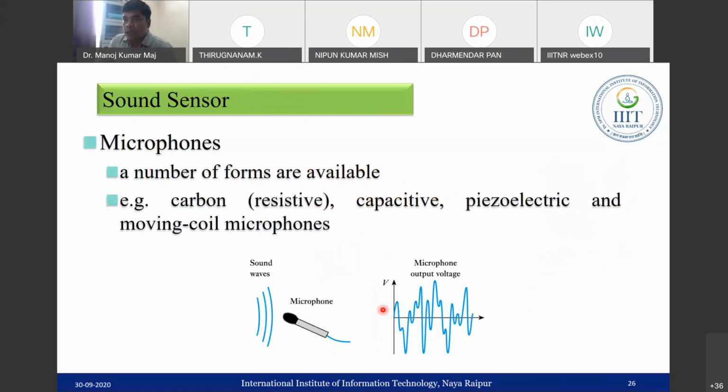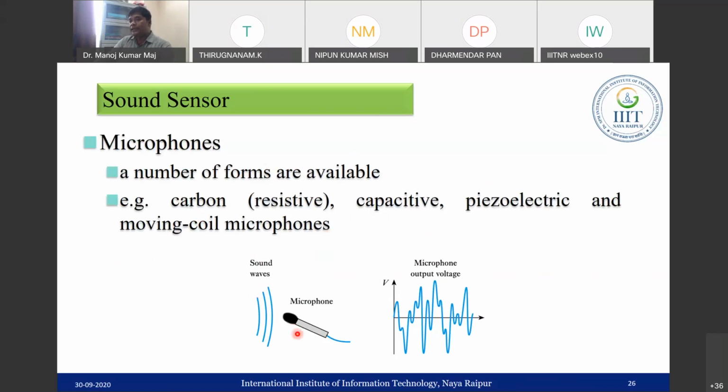Next one is your sound sensor. In the case of the sound sensor, a very well-known example is the microphone. Using the microphone, a number of other forms can be available. We generally use different kinds of microphones, like the carbon or resistive type, the capacitive type, the piezoelectric type, and the moving coil microphones.